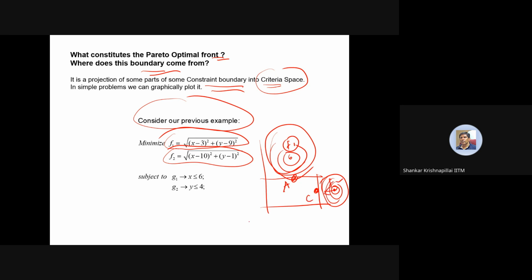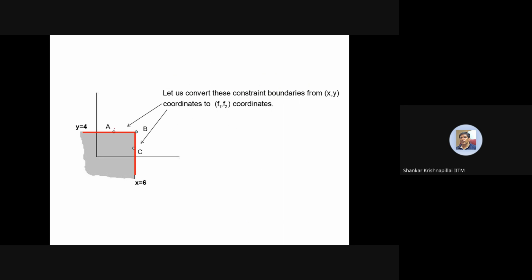So let us convert these constraint boundaries from X, Y to F1, F2 coordinates. Every point on this constraint boundary must be converted to F1, F2 coordinates.